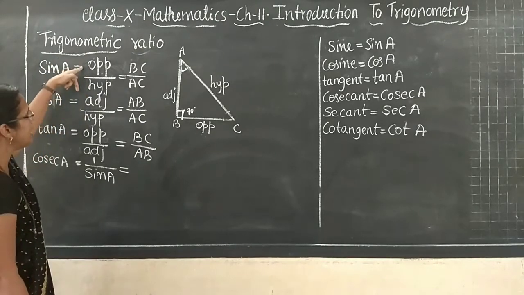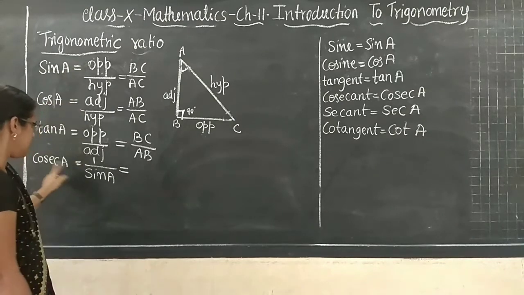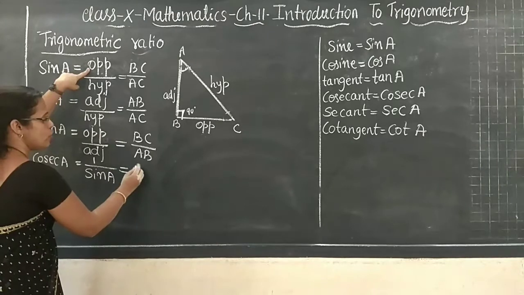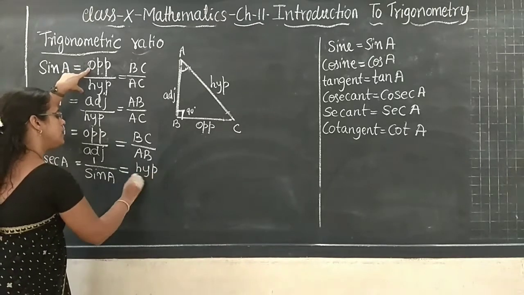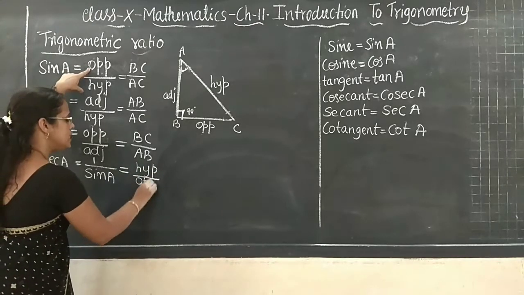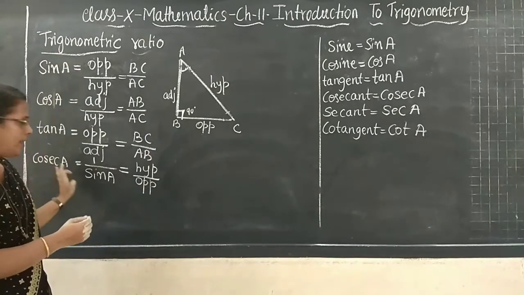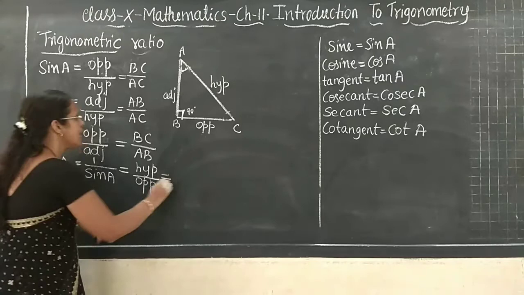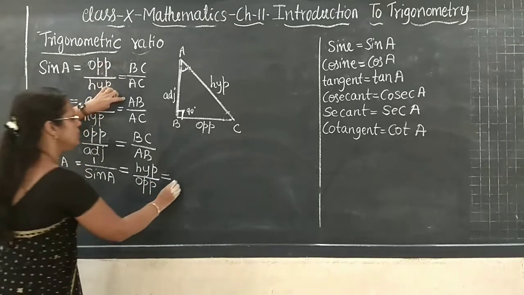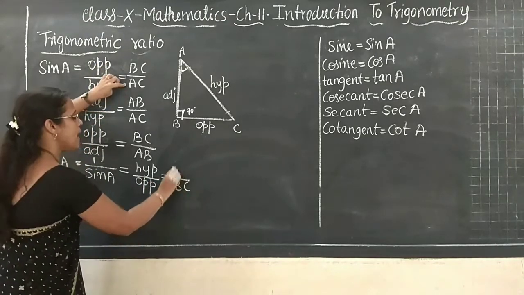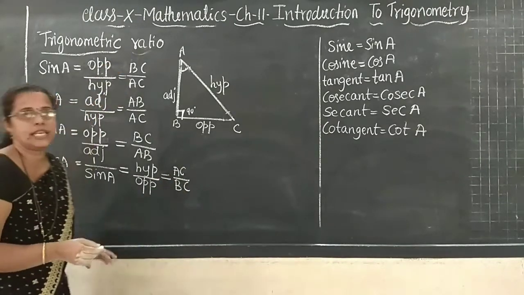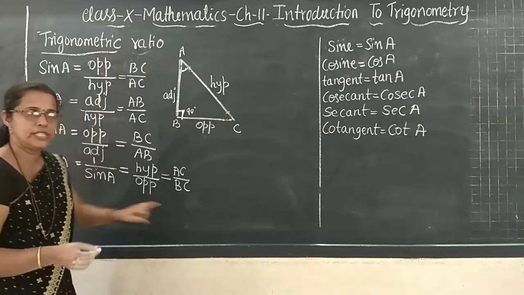Cosecant is reciprocal of sine, means its sides also you have to write like this: hypotenuse by opposite. If you know sine, you can write cosecant. So what is the answer? BC down, AC up. So it is AC by BC, just the reciprocal of this side.